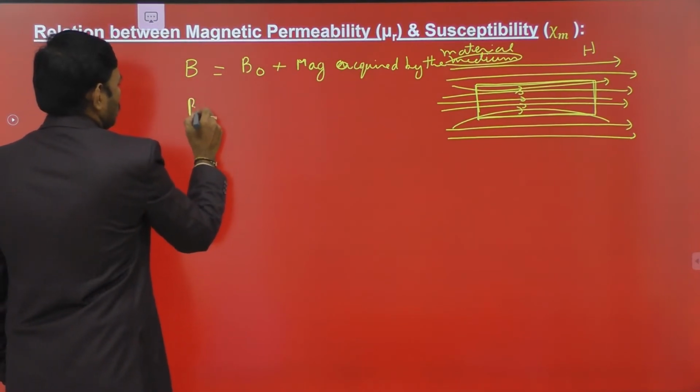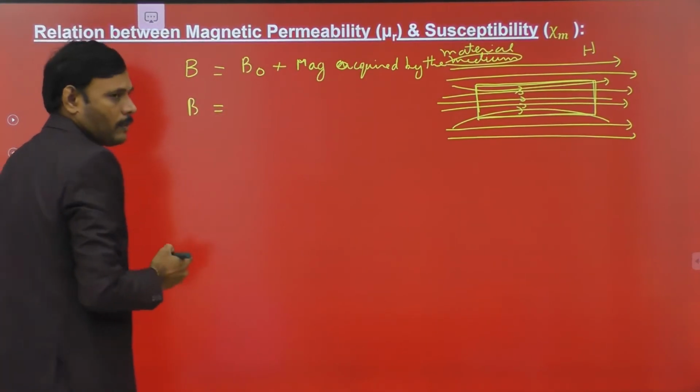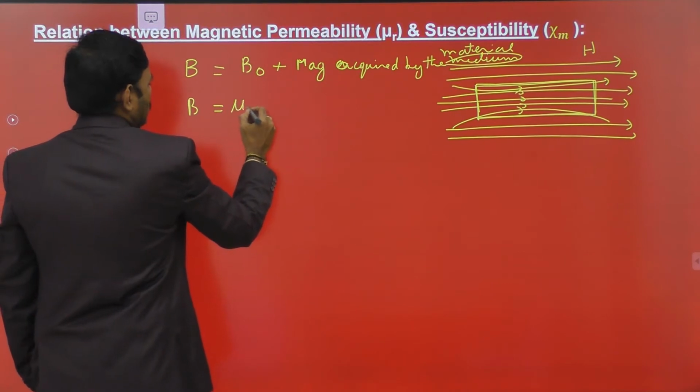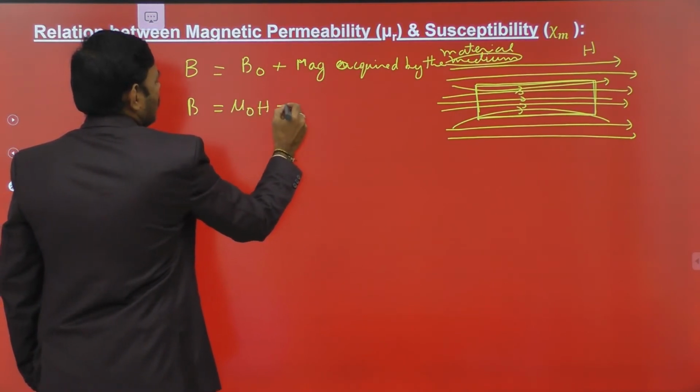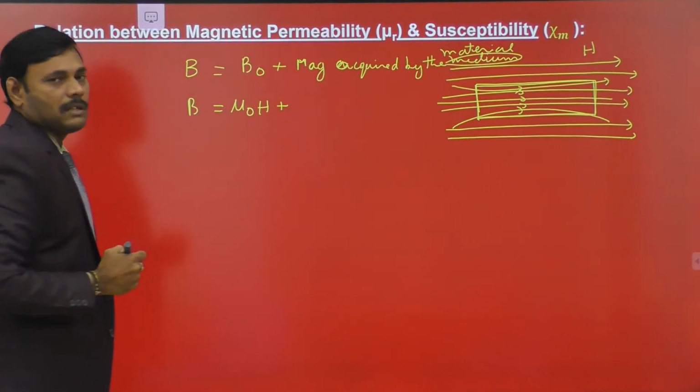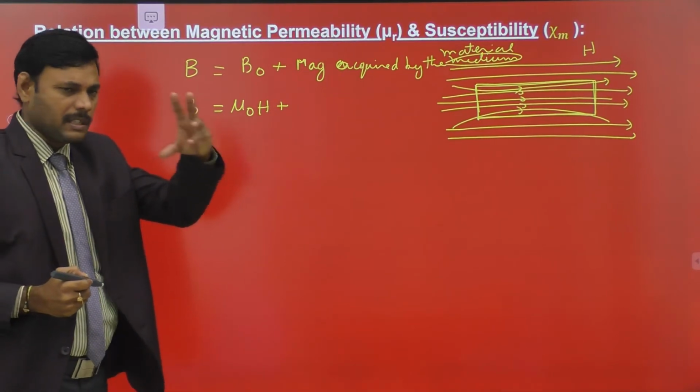Then B is equal to B naught, which means mu naught into H. H is the magnetic intensity or magnetizing force present in that region.